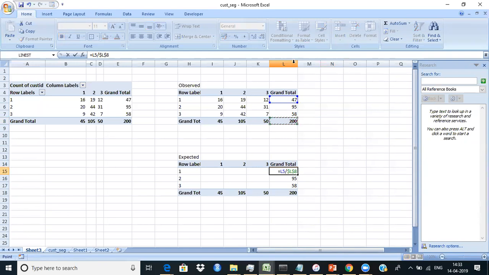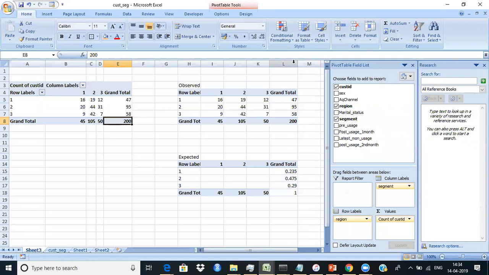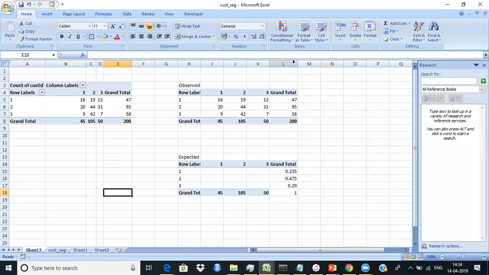So what does this probability signify? This signifies probability of getting region 1, isn't it? 23% is the probability of getting region 1. Do you agree? I just divided the total number of region 1 by total number of observations. So you get probability of region 1.